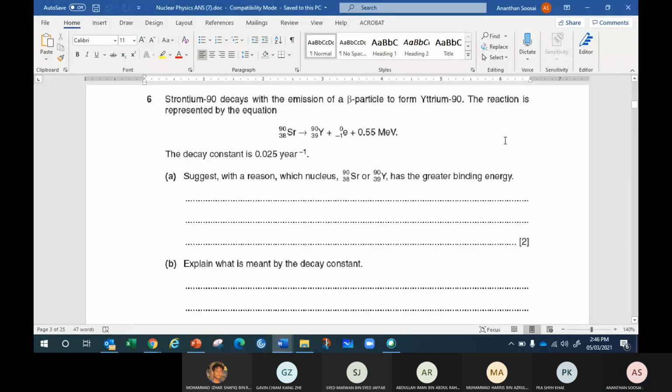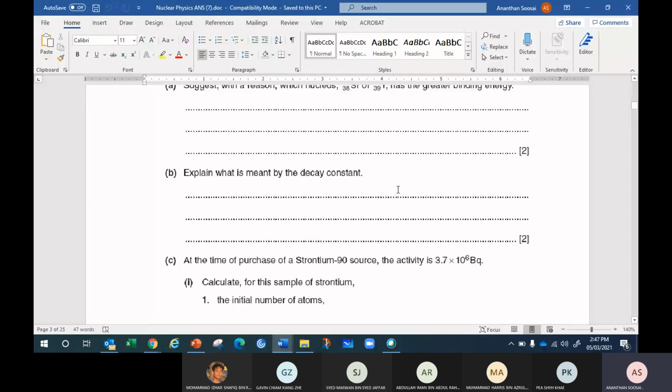Shike, what do you think? Which has a greater decay constant? Yttrium. Oh, sorry, strontium has the highest decay constant. Why? Because it's more unstable. Correct. Good.